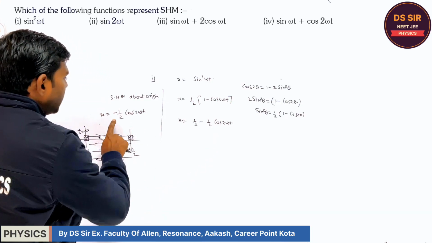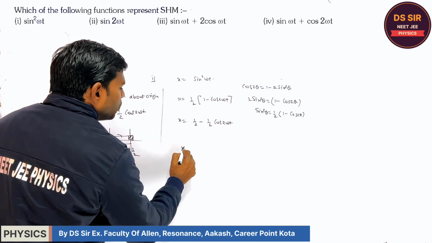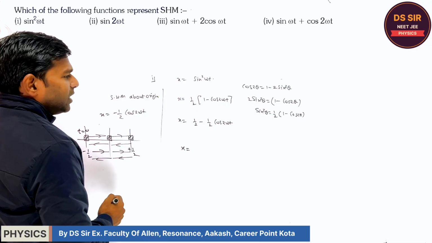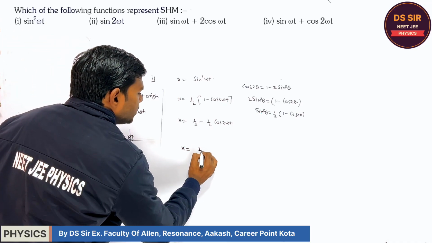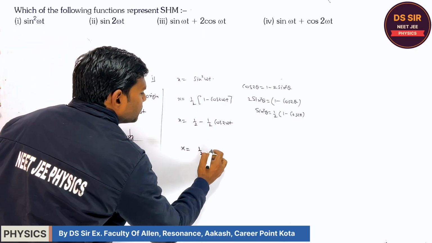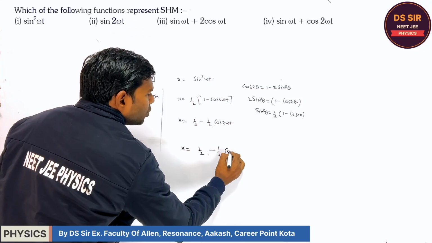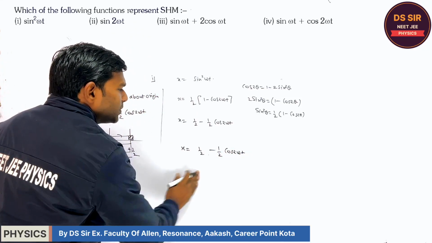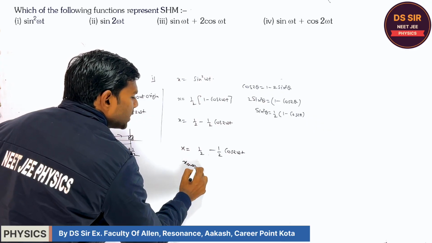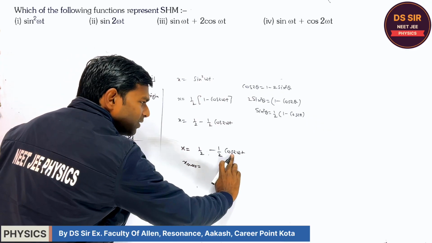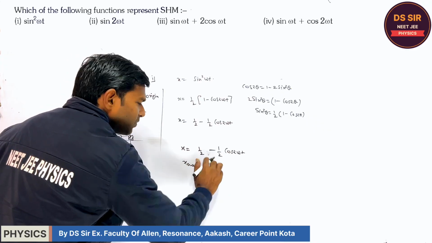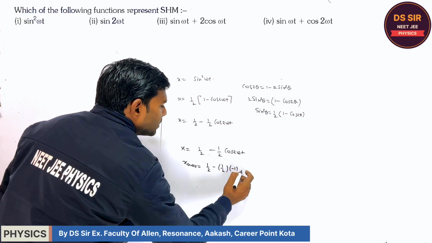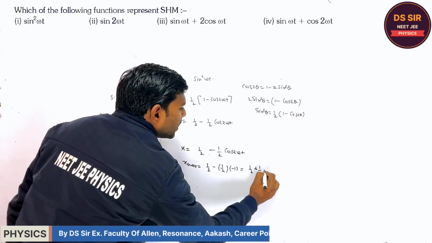But what happens if you add 1 by 2 to them? So the thing is shifted in this way, right? If it is x equal to 1 by 2 minus 1 by 2 cos 2 omega t, what does it mean? You tell me, what is its maximum value? Its maximum value is 1 by 2 plus 1 by 2, it is 1.